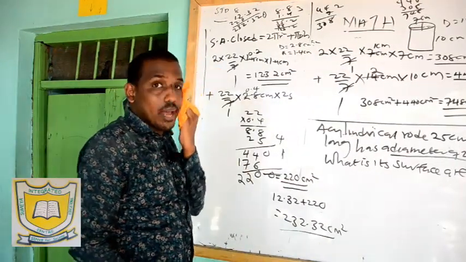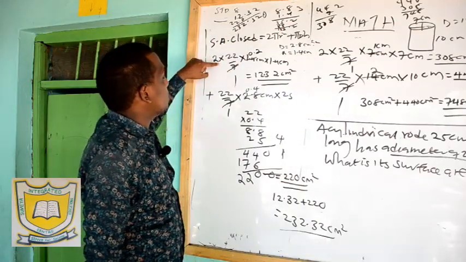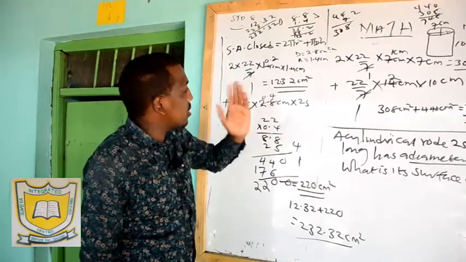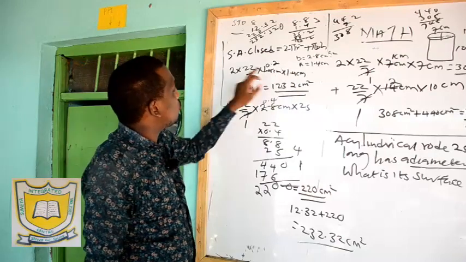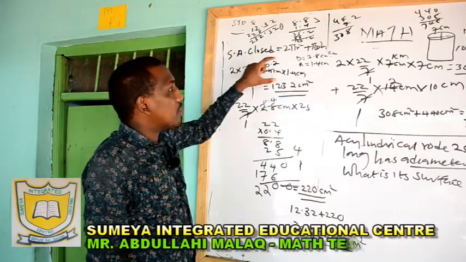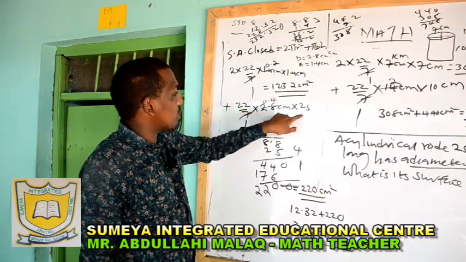It's a matter of cramming the formula. So it's 2πr². 2 times 22/7 times the radius 1.4. The diameter is 2.8, the radius is the diameter divided by 2, so 1.4 times 1.4. When you multiply, you will get 12.32 centimeter squared, plus πdh: 22/7 times diameter 2.8 times 25.